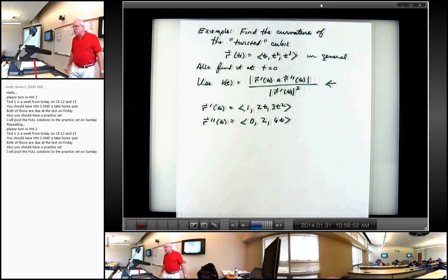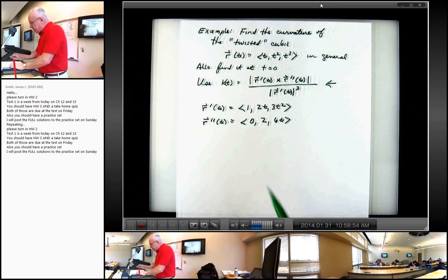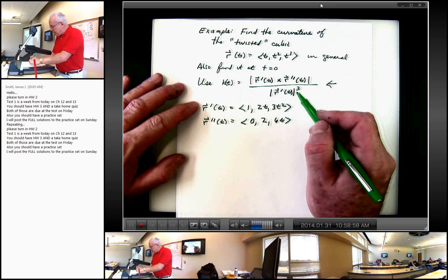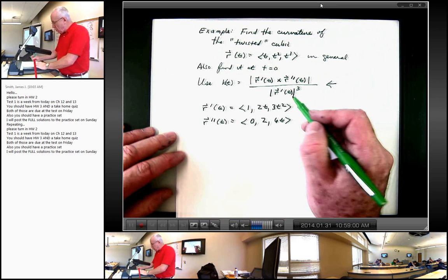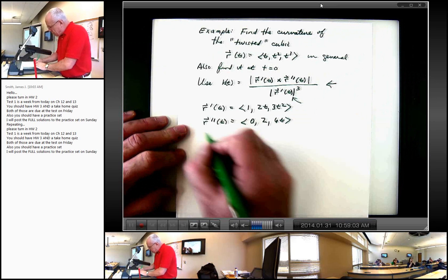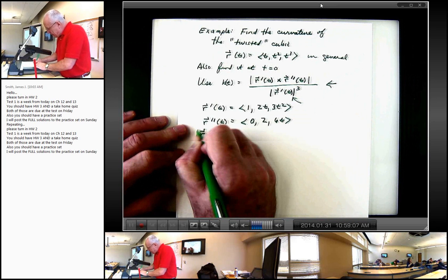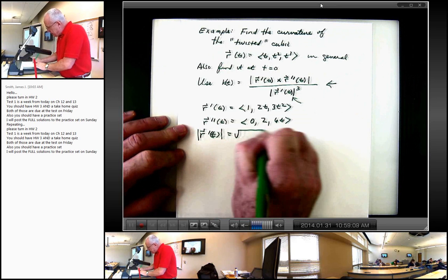All right, what else do we need to get here to plug into this formula? We need to get the magnitude of r prime, so why don't we figure that out? The magnitude, okay, so that's going to be what?